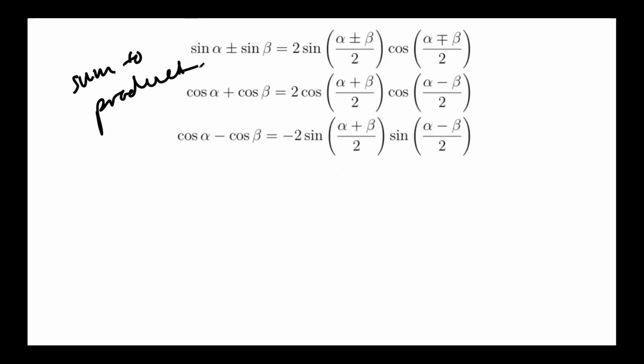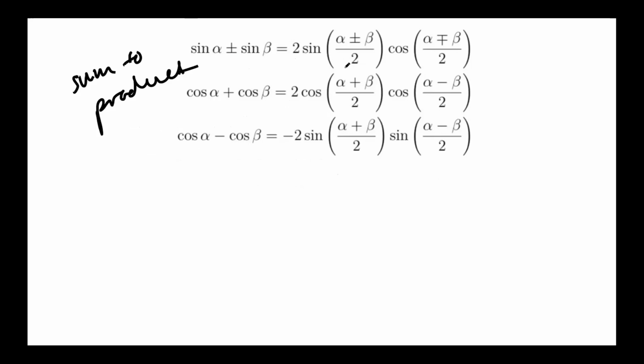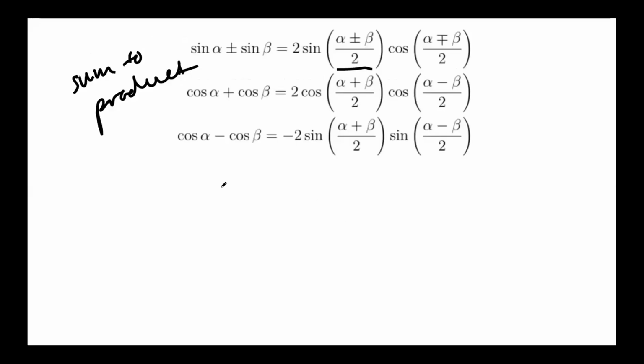And we can prove them in pretty much the same way by plugging stuff into the addition and subtraction identities. So I'll give you guys about a minute to try this one. Actually, we'll do the sine one first.